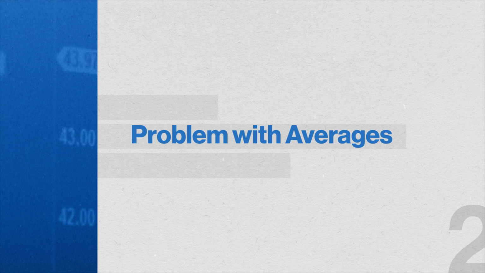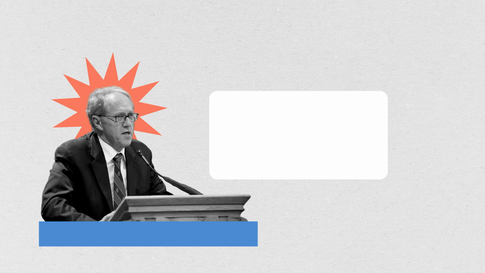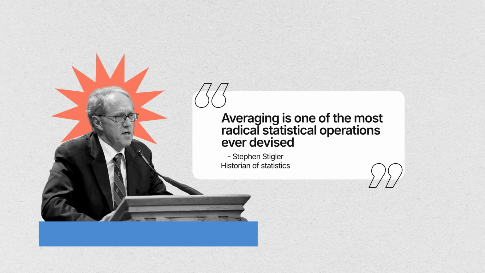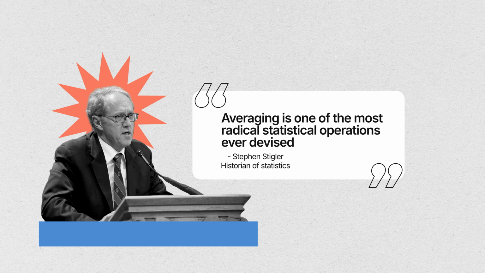The second is the problem with averages. A lot of indicators we use are built on some form of averaging. As Steven Stigler, the historian of statistics, has pointed out, averaging is one of the most radical statistical operations ever devised. And I think that's absolutely true.